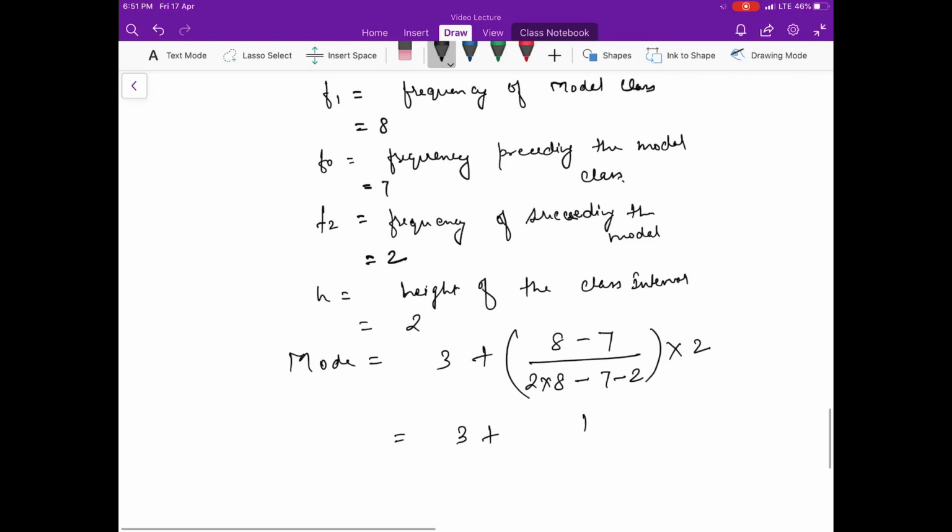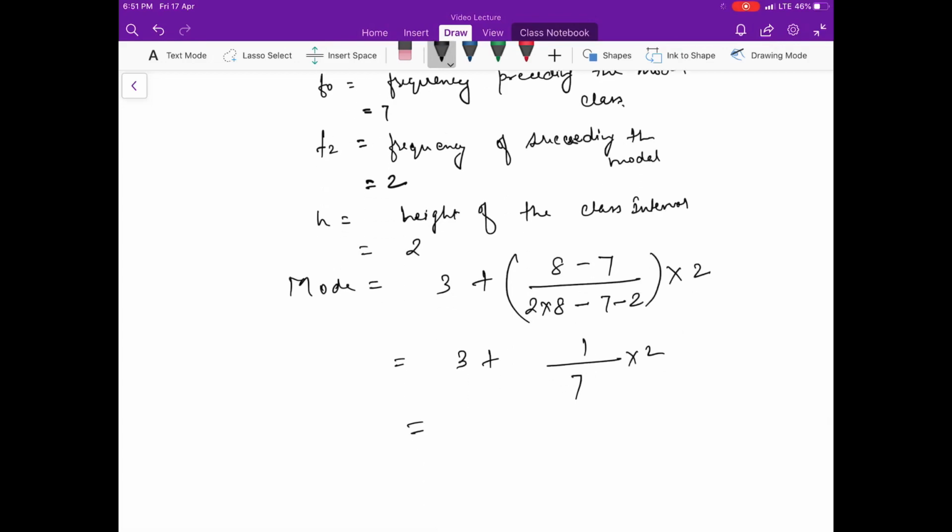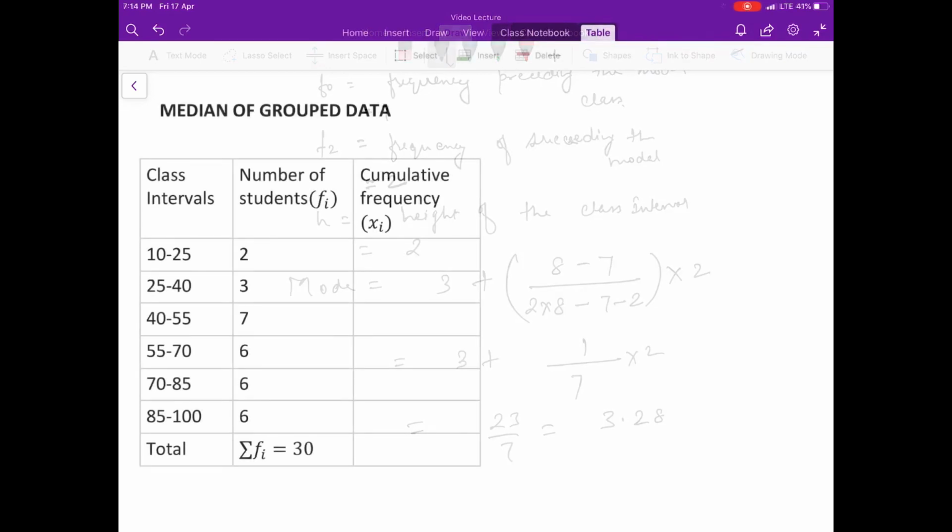You will have 3 plus 1 upon 16 minus 9, that is 7, into 2. That is 3 plus 2 by 7, which is 23 by 7, so 3.28 approximately. So this is the mode of the data.